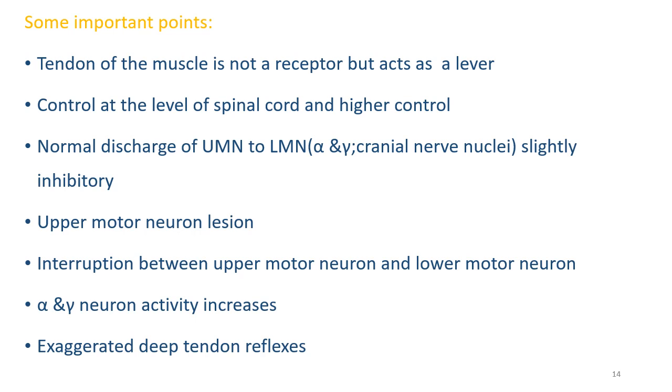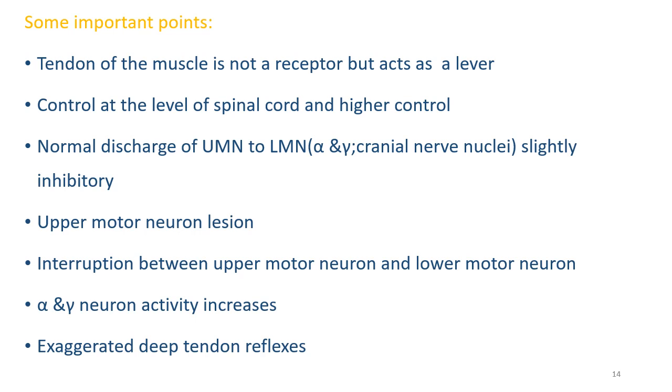Then what happens when there is any lesion of the upper motor neurons, or there is any interruption of the pathway between the upper motor neuron and the lower motor neuron? When there is interruption or destruction, no impulses are going to reach the lower motor neuron. Here we are talking of alpha and gamma motor neuron.